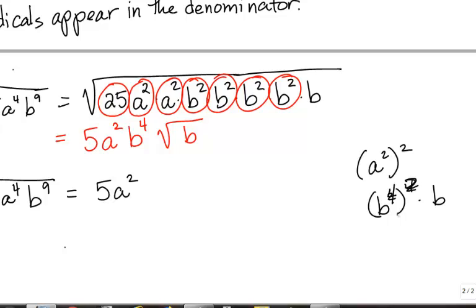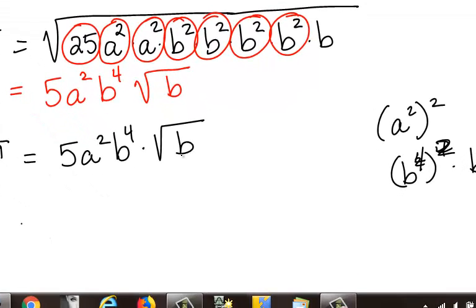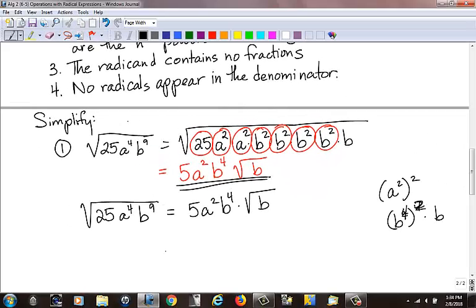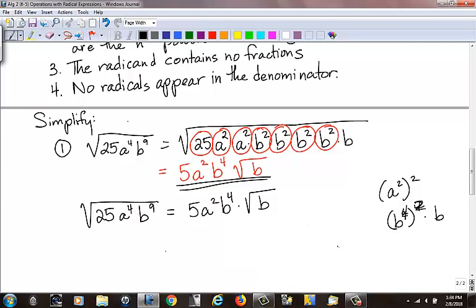Sorry, I need that the other way. So I could take out a b to the 4th, and radical b left. If you can see it from that answer to that, then I say do it that way. Otherwise, I would write it out the long way. Okay? Everybody good with that? That'll work. Yep, as long as it works.